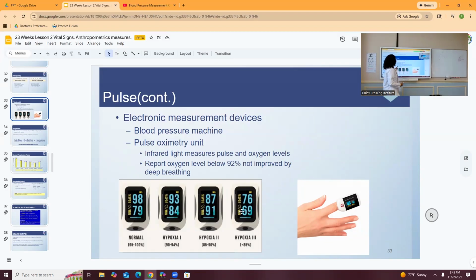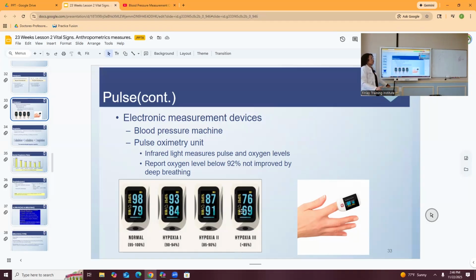Because the patient can be at 92%, and we have to report this as a low level. But maybe the patient looks normal. Maybe the patient is a smoker. Maybe they're vaping, but the patient looks okay. It just means that the amount of oxygen getting in is not normal, but it doesn't mean that the patient is in a bad condition.